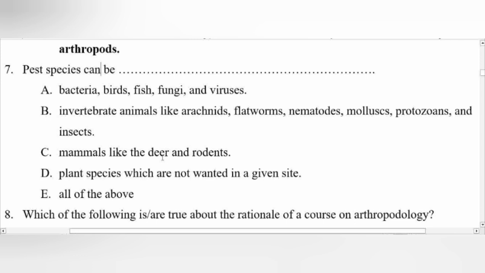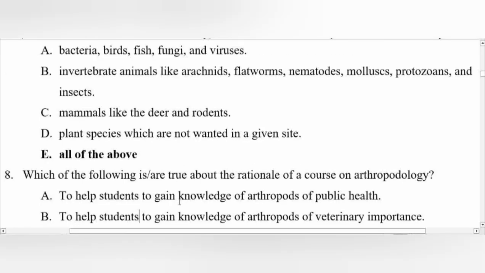Yes, these are some of the macroscopic, the big mammals can also be pests. And then pest species can be plant species which are not wanted in a given site. Yes, what we refer to as weeds are also pests. It means our best option here should be all of the above. So pest species can be all of the above, the options A to D.